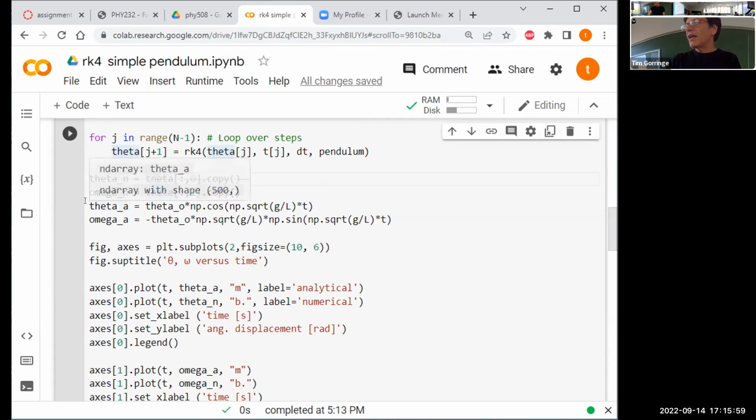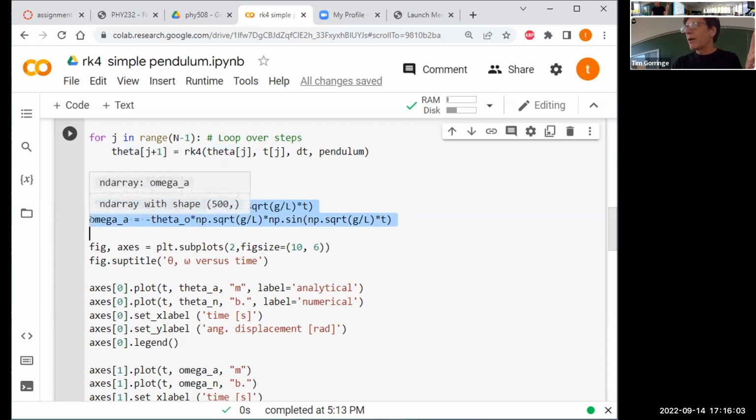The theta a and the omega a, these are a pair of analytical solutions. I'm just calculating these analytically from the solution for a simple pendulum without damping and without a driving force. So they're just going to be kind of a reference for looking at our true solutions of the damped-driven pendulum.